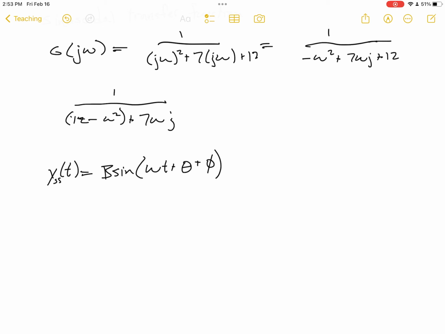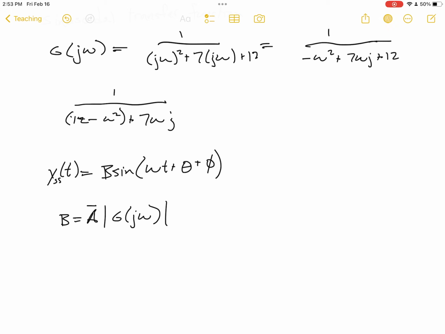Theta is the offset that was already there, and phi is a phase offset that exists in between an input and an output of a harmonically forced system. And b is equal to a bar, which is the original input to the system, times the magnitude of g of j omega.